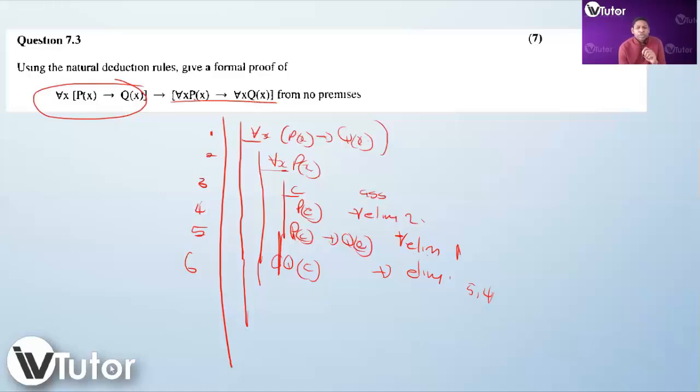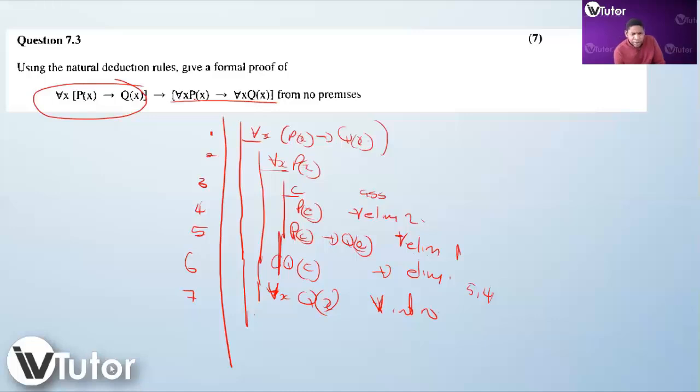Our goal is to prove that, so if we've proved P(C), then we can say number 7, ∀x Q(x), and this is C to Q(C). That's that. So this is all intro, universal introduction.